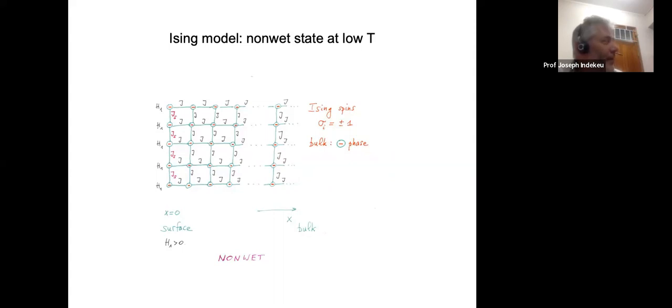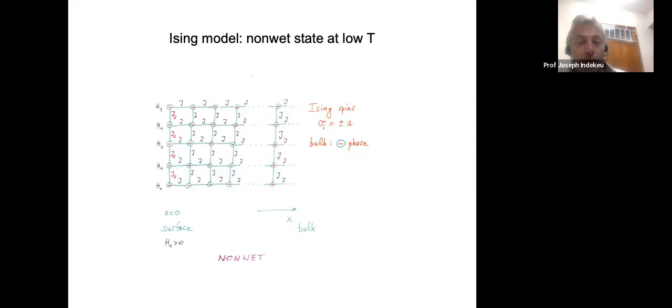If we would be able to stimulate the plus phase from the surface outward into the bulk, we could perhaps arrive at a situation where we have a macroscopic amount of plus phase and then an interface, because ultimately very far out we impose the minus phase, and that's fixed.